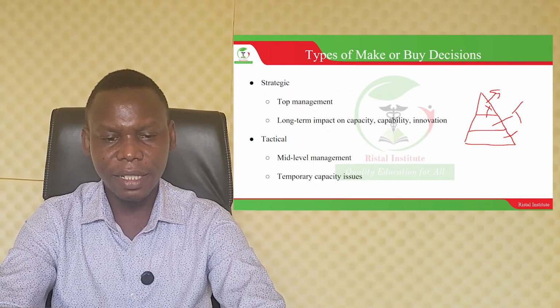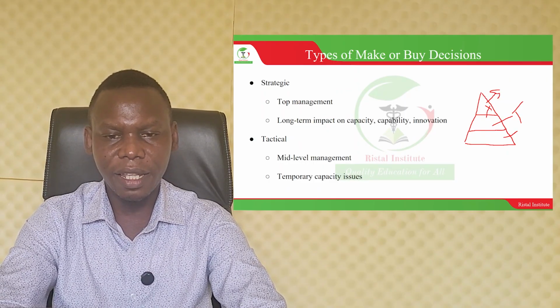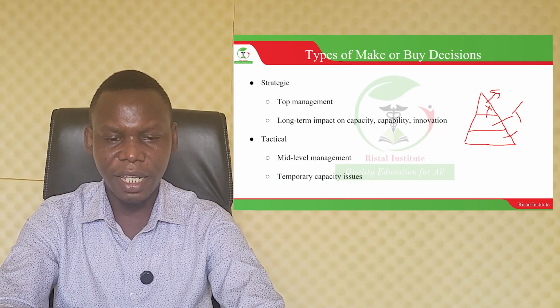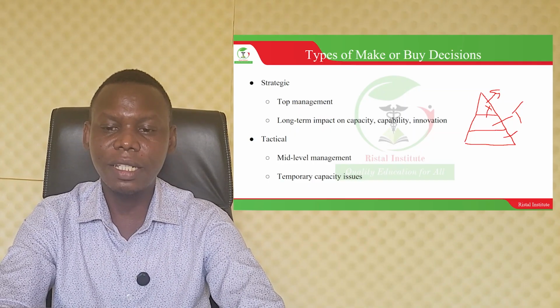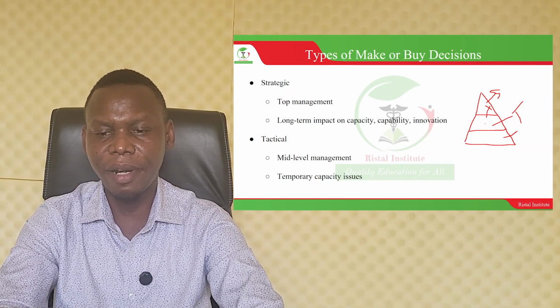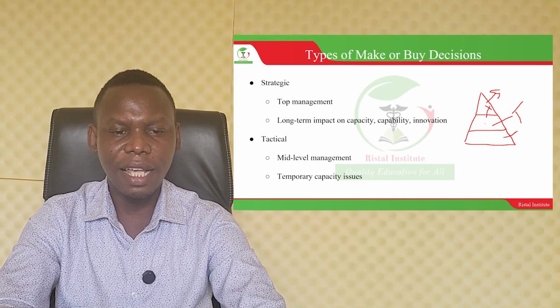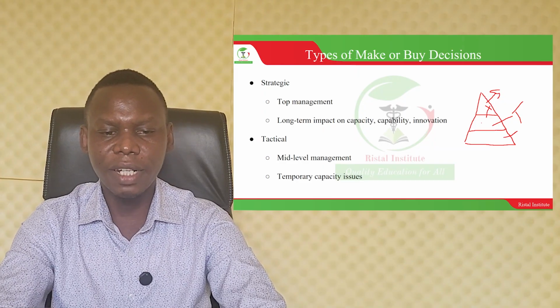When we come to the tactical, on making the decision to make or buy, that is the middle level I mentioned, and their decisions are always temporary, or on temporary issues. Then lastly, we have the last level, which is always on the design.